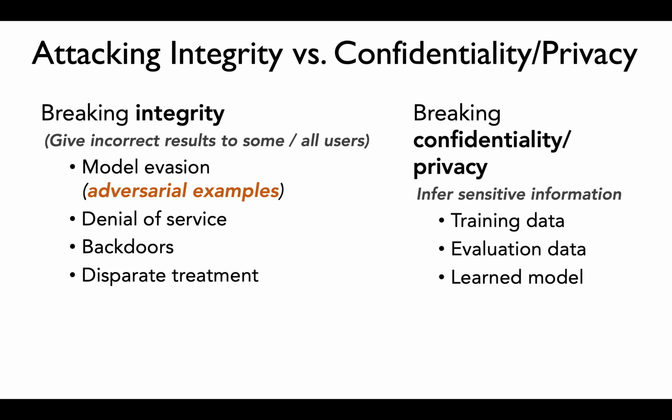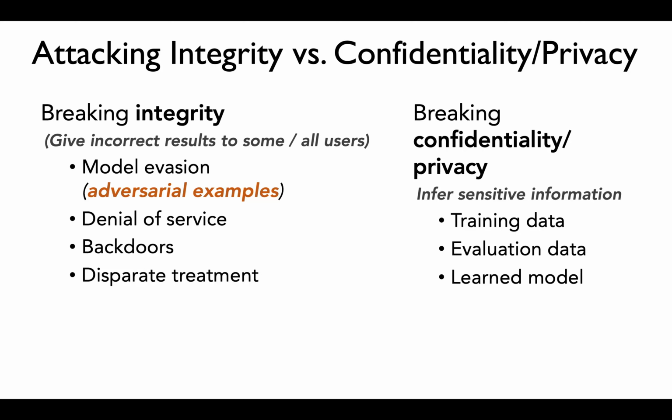You may also, as an adversary, be interested in breaking the confidentiality or the privacy. And the interest here is to infer sensitive information about the training data, about the evaluation data, about the learned model. In many cases, this information is private, and the owners of the model do not want this data to be shared.